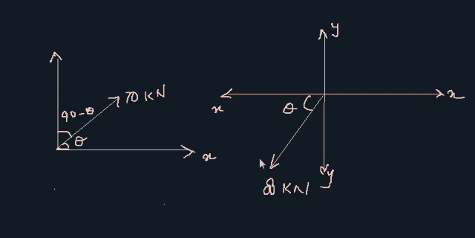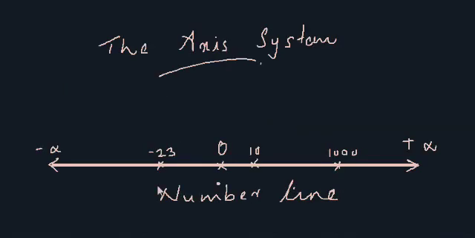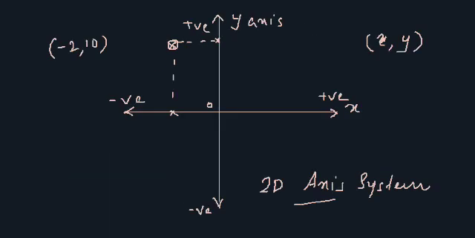So you need to understand a couple of things in the axis system. Primarily, an axis system comprises of number lines which has got an origin and extends to positive infinity and negative infinity. In a two-dimensional axis system, you need x and y parameters or x and y coordinates to define any point in the axis system.